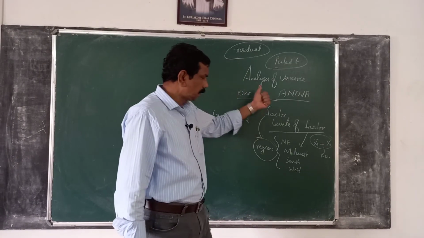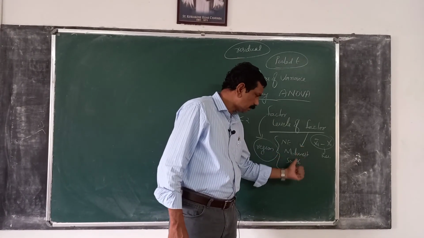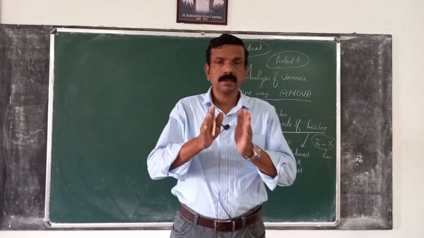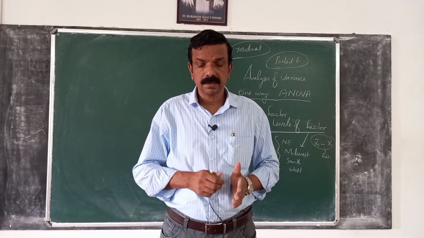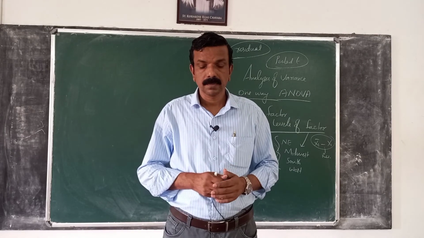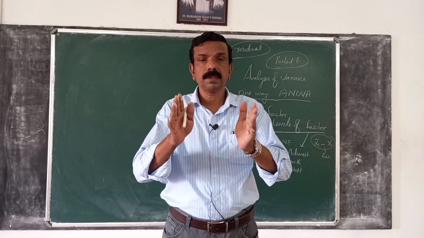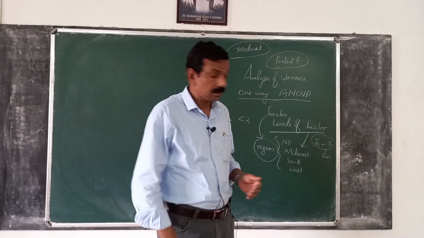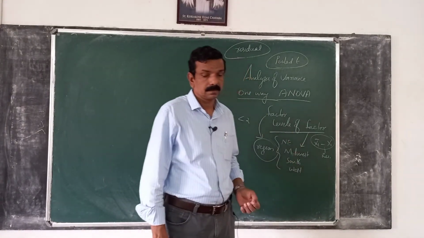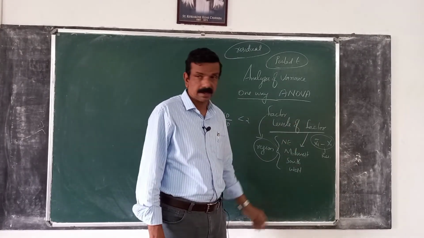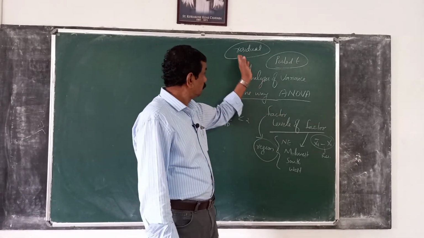So in residual analysis we consider all the residuals, and if the normality and standard deviation assumptions are met, then the normal probability plot of all residuals will be linear.